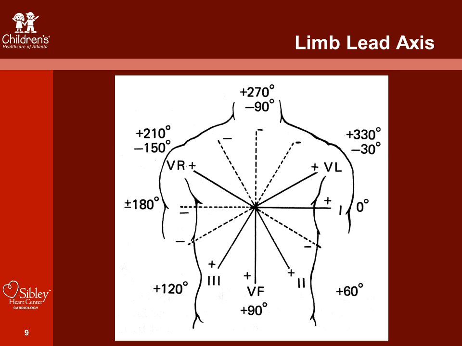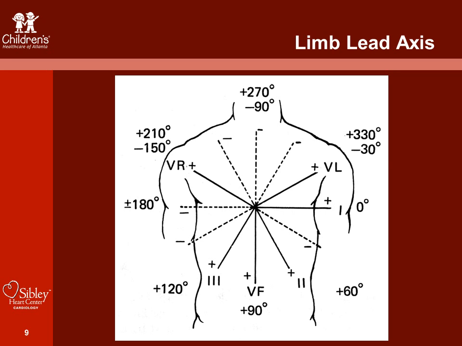And the reason why the axis is important is because your heart sits predominantly in this region right here. Your sinoatrial node is up in this area, so the electrical impulse generates here and propagates in this direction down through the ventricles.